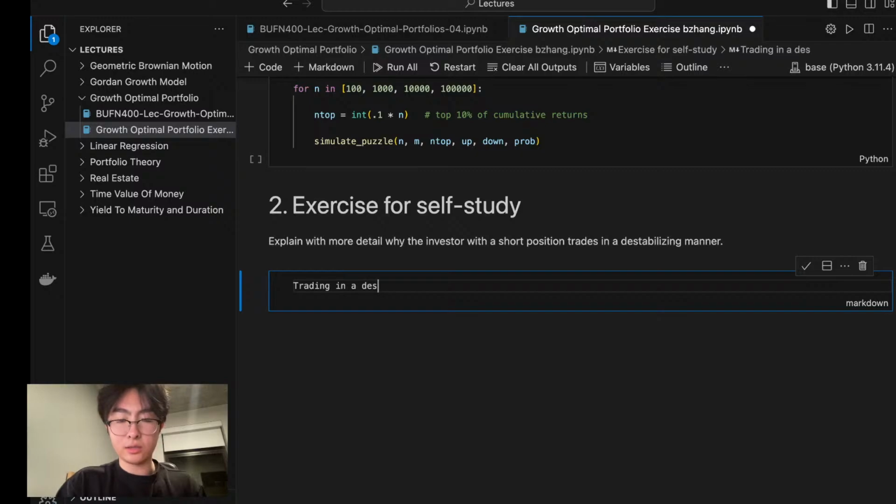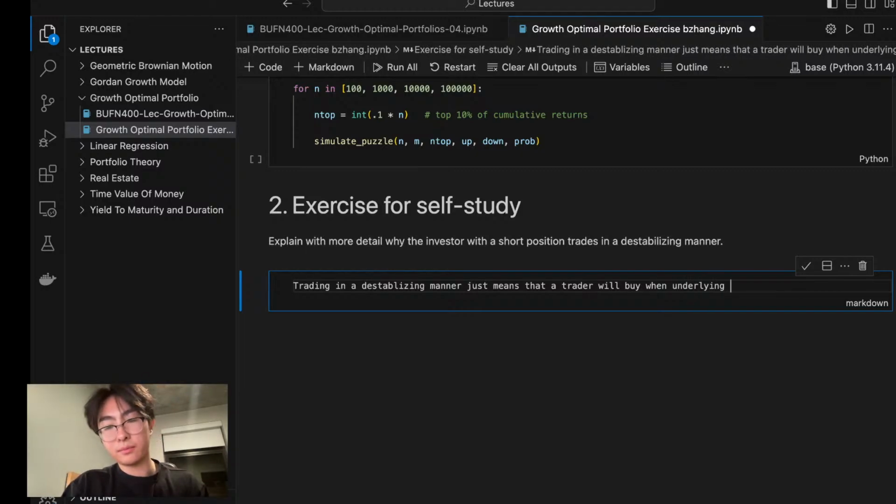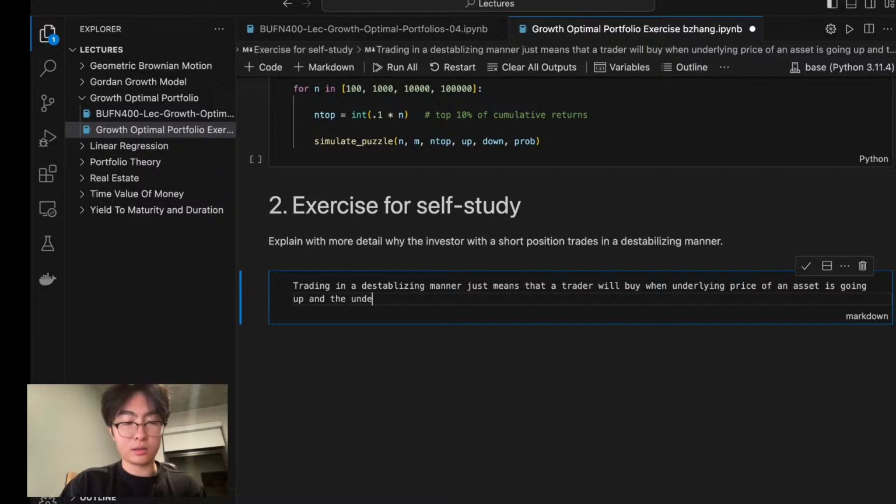Trading in a destabilizing manner just means that a trader will buy when the underlying price of an asset is going up and sell the asset when the price is going down.